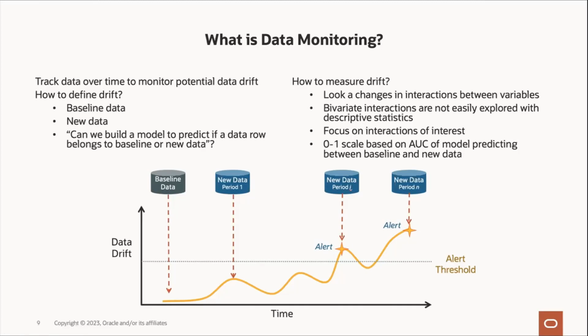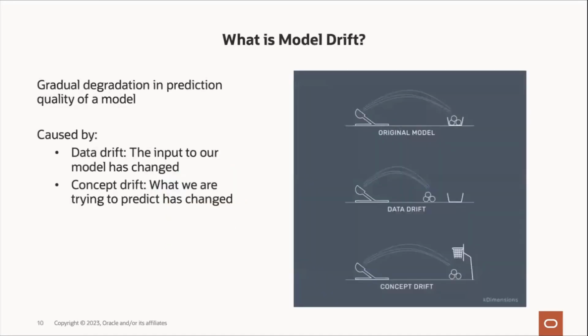Okay, so that's a quick look at what data monitoring is, how it's defined and recorded with Oracle machine learning. Our next concept to talk about is model drift, which again is quite simple on its face. It's just the gradual degradation in prediction quality of a model over time. And there's two main ways that this can happen.